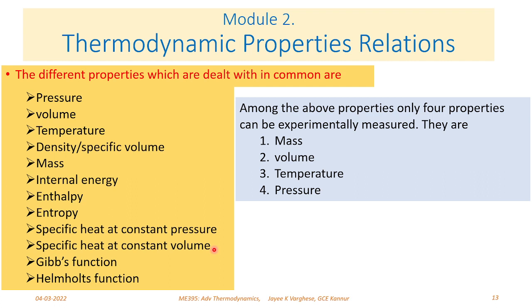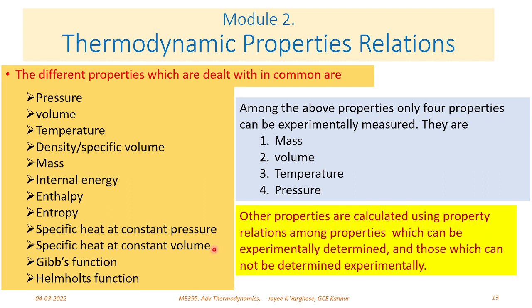So it is necessary to form relations among different properties so that the properties which cannot be measured experimentally can be calculated using thermodynamic relations. For example, if a property relation involves four properties, of which three can be experimentally measured, the fourth one can be calculated using the property relation. This is the essence of it.